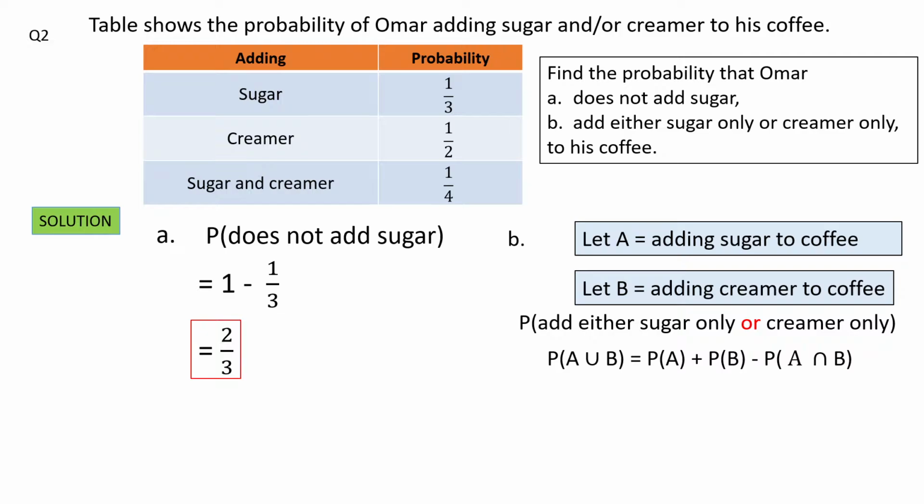So probability A union B equals probability A plus probability B minus probability A intersect B. Probability A will be probability adding sugar, so that will be 1 over 3, plus probability B, that is probability adding creamer to coffee, given as 1 over 2, minus probability adding sugar and creamer. Here probability adding sugar and creamer is given as 1 over 4. So substitute all these values into the formula and simplify to get the answer.